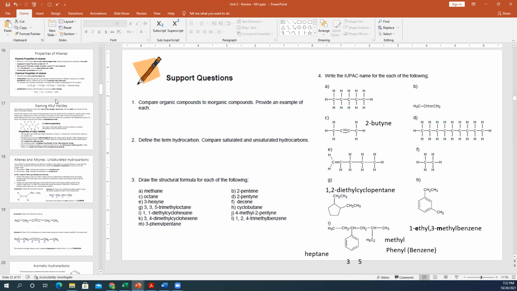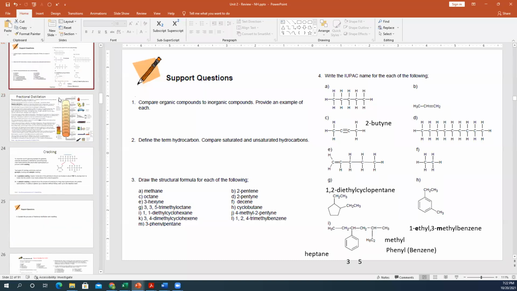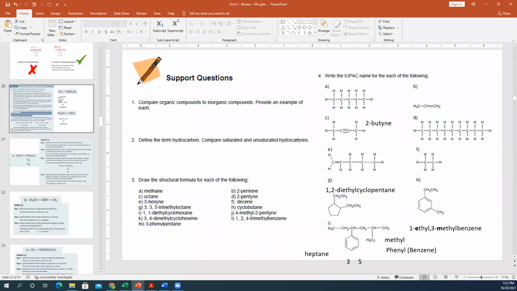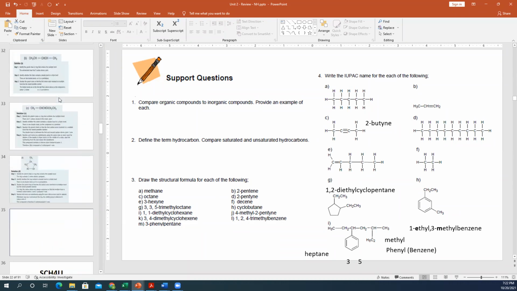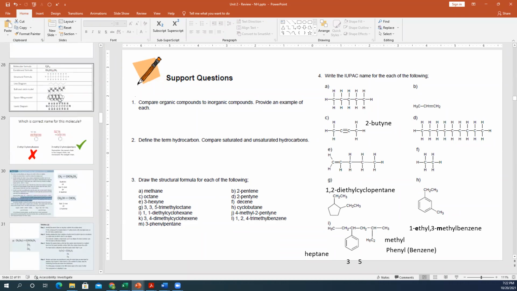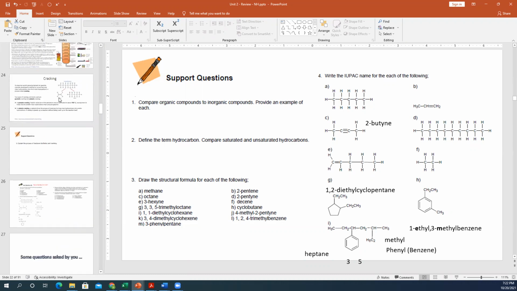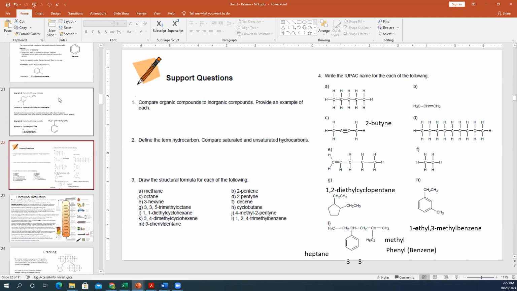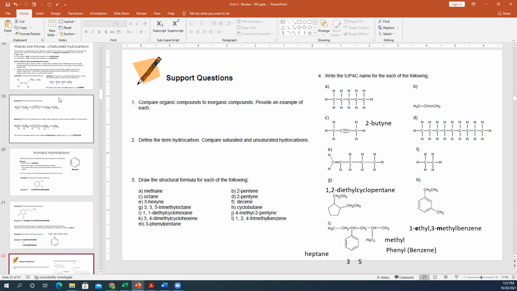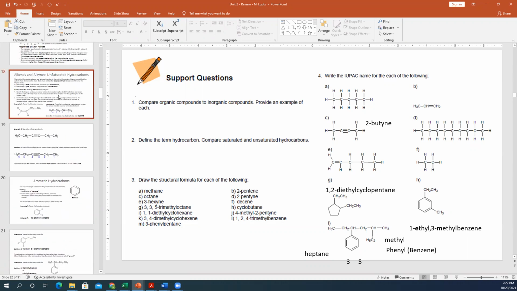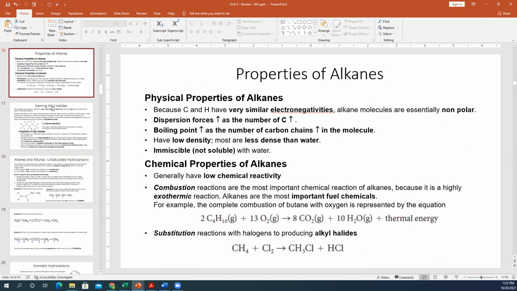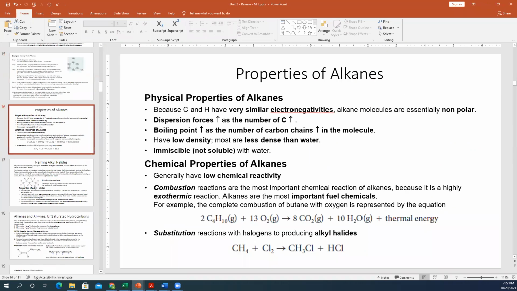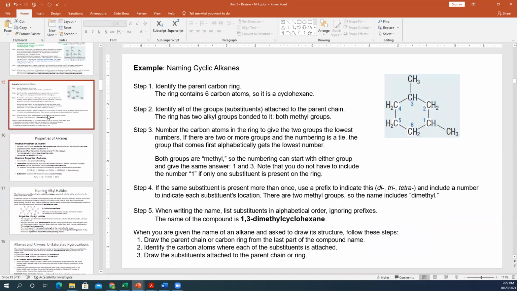Let's look back at our examples. Which one was the 3 one? So you have to decide which one is going to be the 3 one.